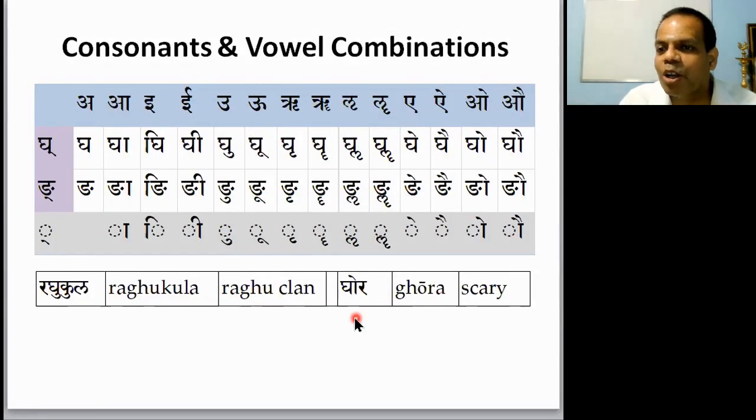That means they are not Ghora. Even though they may seem very scary, they are not. That's the meaning. There's another word which is quite common, which is Ghosha, which means to sound, to make a sound. In Tamil, I think they say Kosham, which is actually Ghosha. I have not written it there, but I thought I'll just mention it.